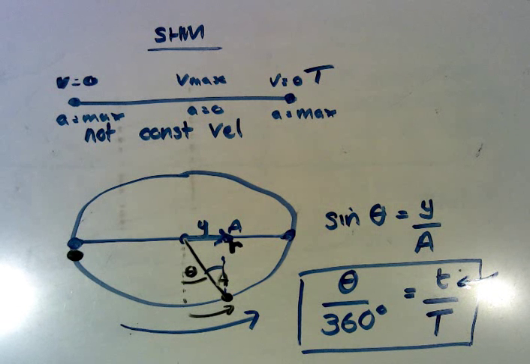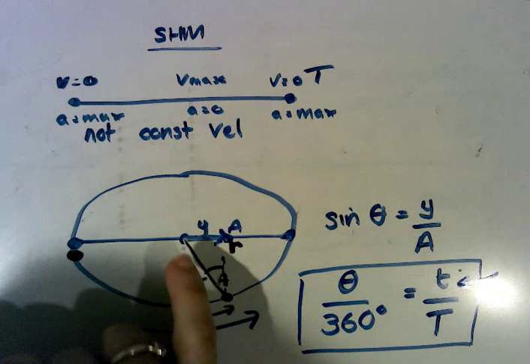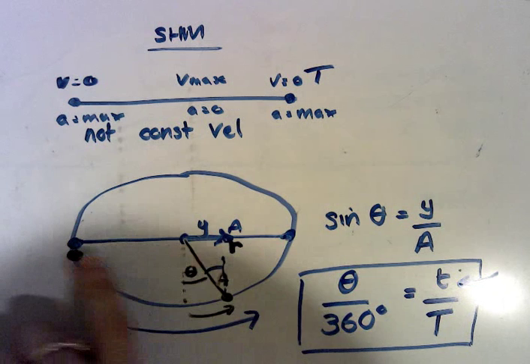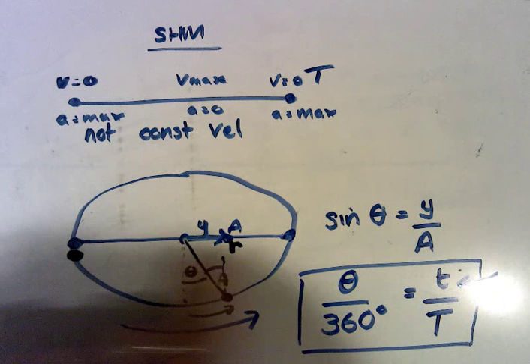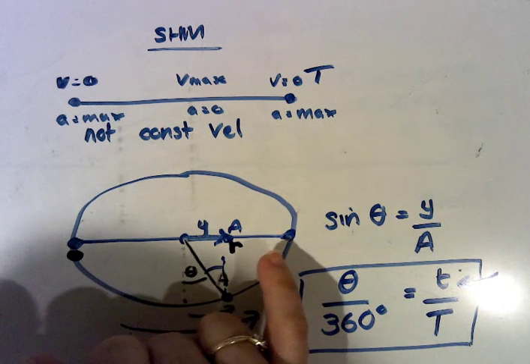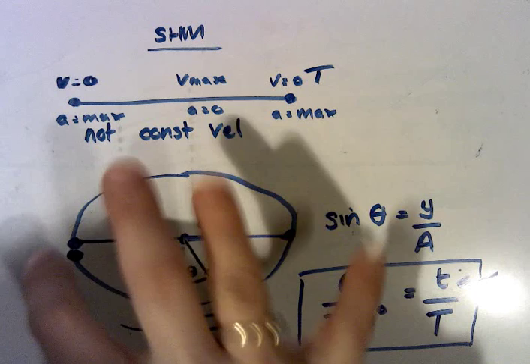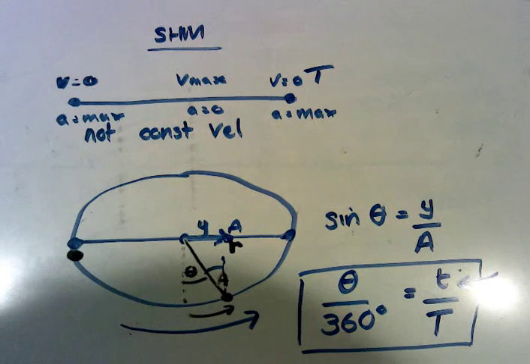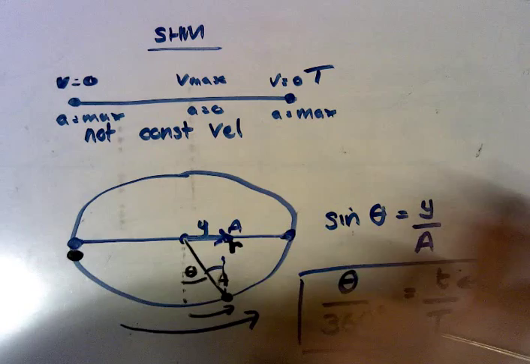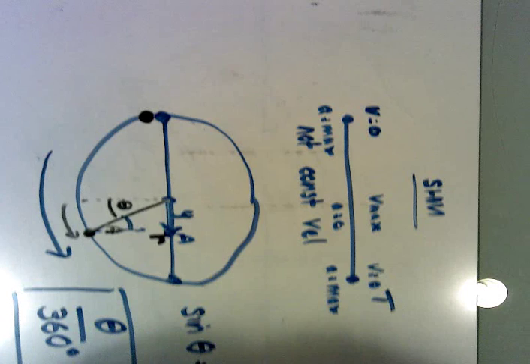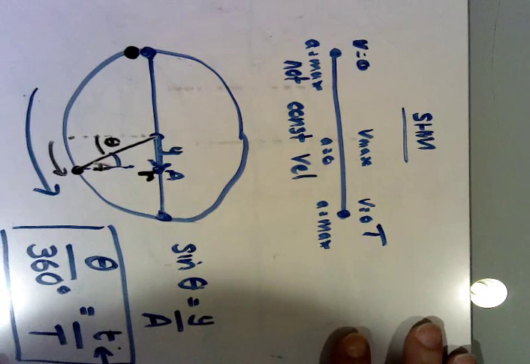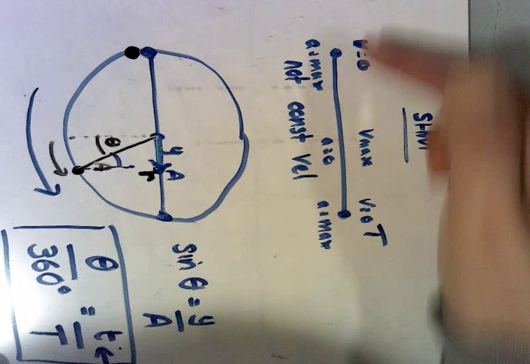Now this particular example is looking at something moving from the equilibrium position in the middle here, but you could just as easily do this working from either end, or you can in fact turn the whole reference circle round and do this in the vertical orientation. And so then you'd be looking at, in fact if we just do that, this would be like a mass on a spring bouncing up and down, and you're going to be going up and down.